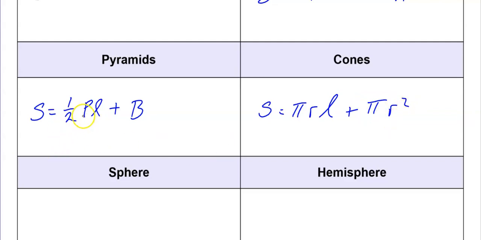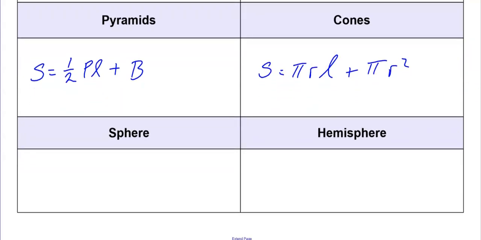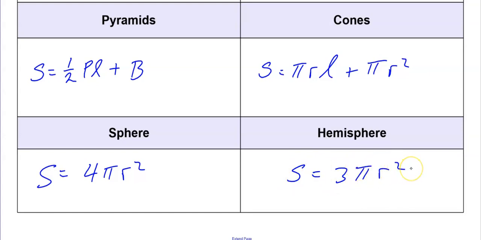Because the perimeter of a circle is 2 pi r, so the 2 and the half are going to cancel out, leaving me with pi r times L plus the area of the base. Surface area of a sphere is 4 times pi r squared, and for half a sphere, a hemisphere, it's 3 pi r squared.